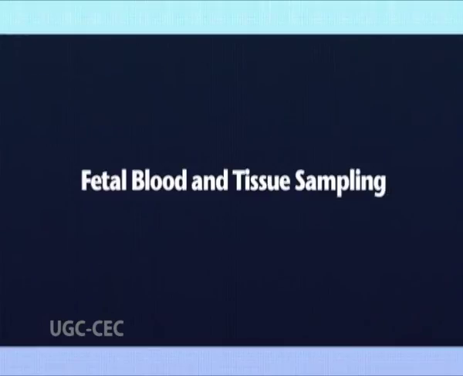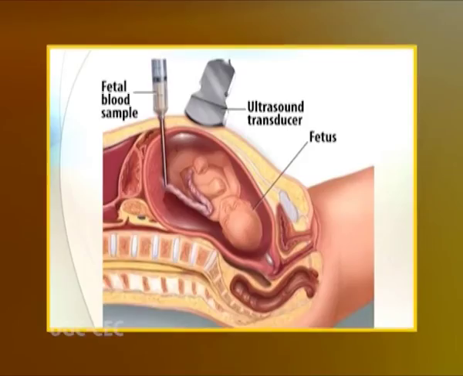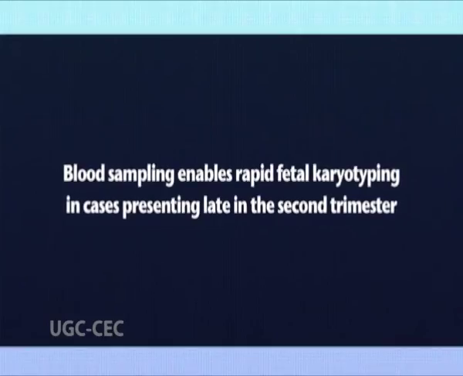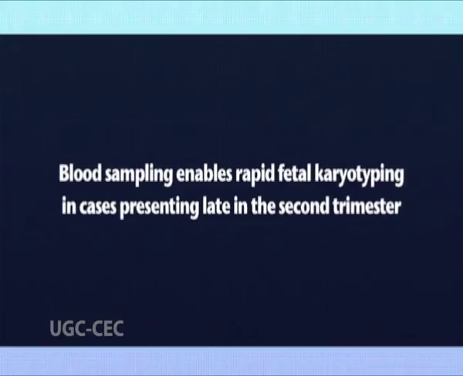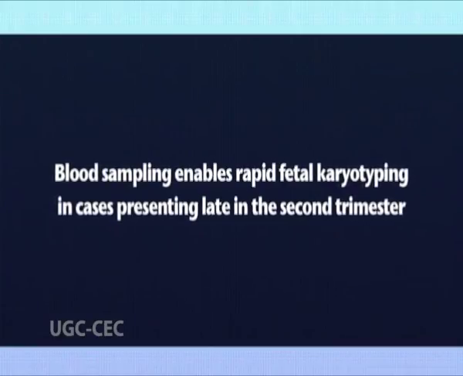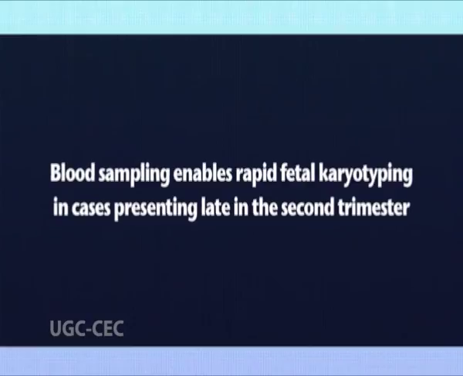Fourth one is fetal blood and tissue sampling. Fetal blood samples can be obtained directly from the umbilical cord under ultrasound guidance. Blood sampling enables rapid fetal karyotyping in cases presenting late in the second trimester.